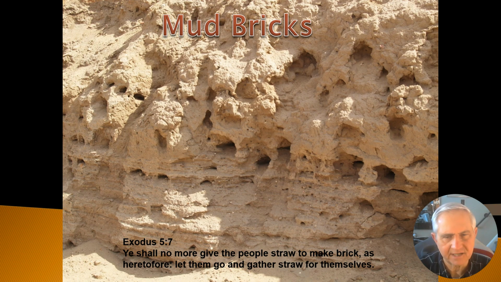Well, you're not going to make very good bricks without straw. But it's saying that they had to go out and gather the straw for themselves to make the bricks. People were traveling all over Egypt trying to find bricks not made with straw. Well, that's not what it means here. It means they had to go gather the straw and make the bricks.